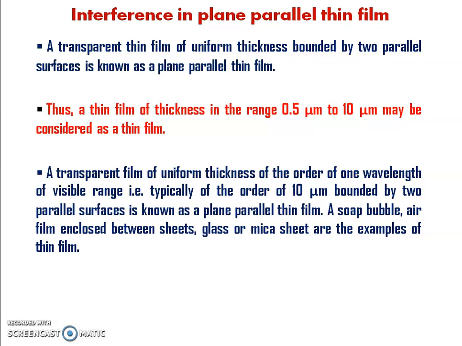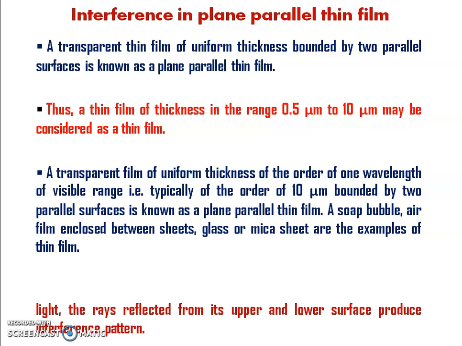A thin film of uniform thickness of the order of one wavelength of visible range, typically of the order of 10 micrometer, which is bounded by two parallel surfaces, is also called a plane parallel thin film. For example, a soap bubble, or an air film enclosed between glass or mica sheets, are examples of thin films.